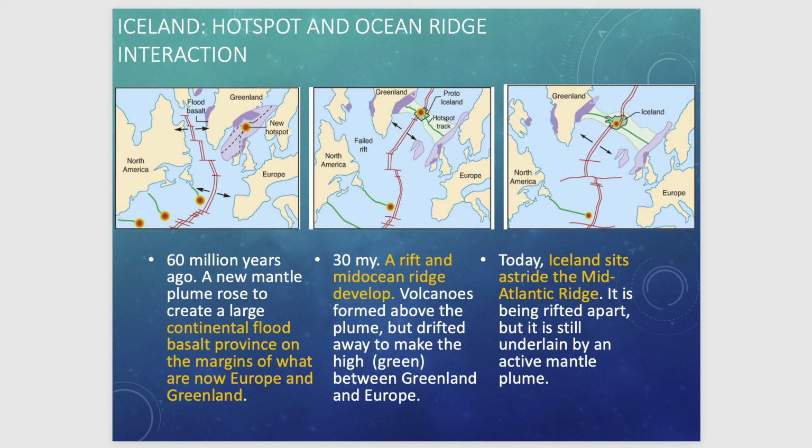Roughly at 60 million years, we have a new mantle plume that rises and creates a large province, which is a flood basalt province similar to the Columbia River province that we saw earlier, where we find Yellowstone. And this is the one here indicated in purple.